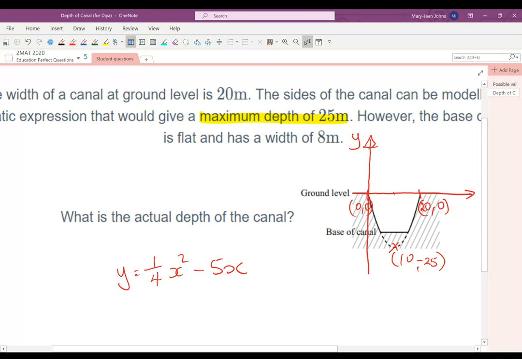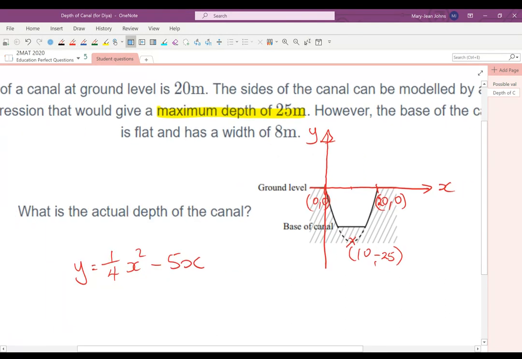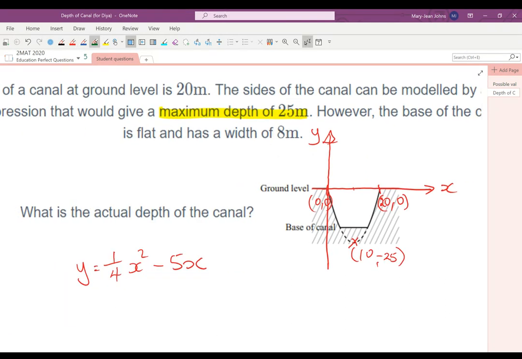Then let's have a look at what the rest of it says. The base of the canal is flat. So here's the base of my canal here. This is flat, and we're told that that is 8 meters long. That means that the distance between the two endpoints here and here is 8 meters, and I don't know what they are, so I'm just going to say A and B. So B minus A, that length there, is 8 meters long.